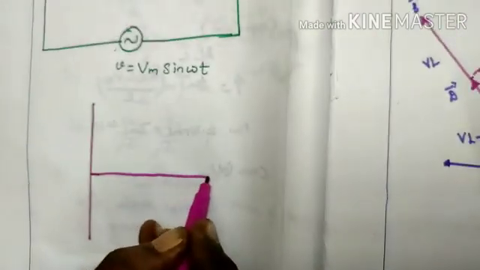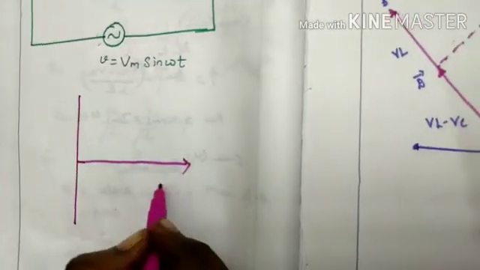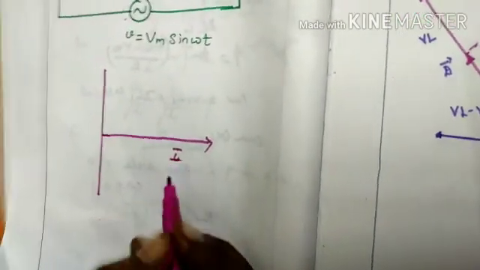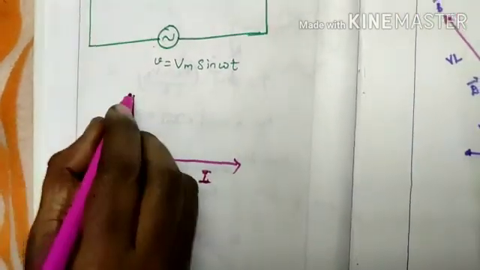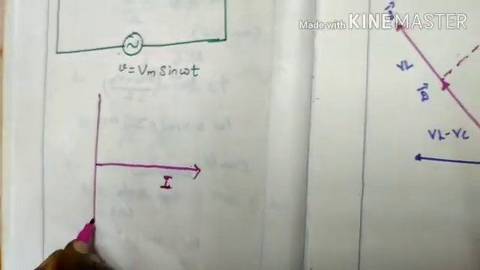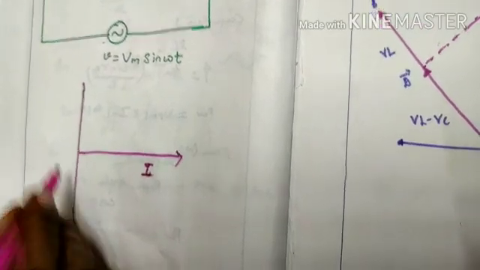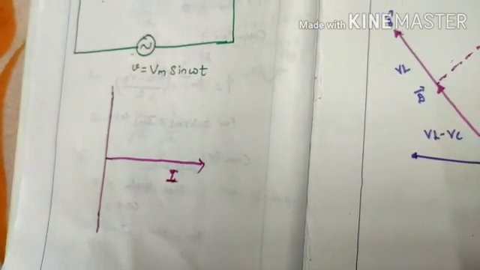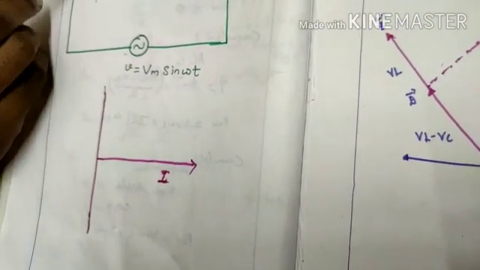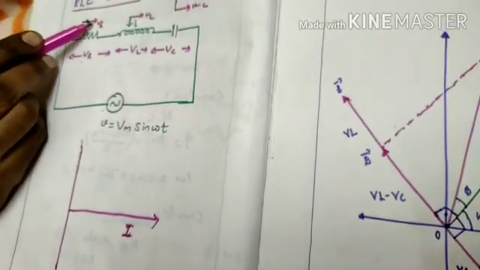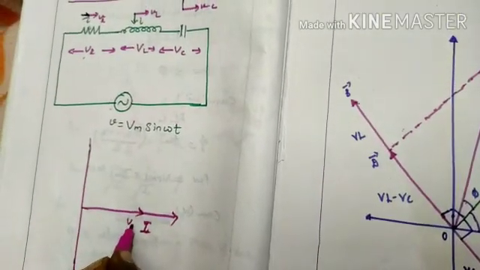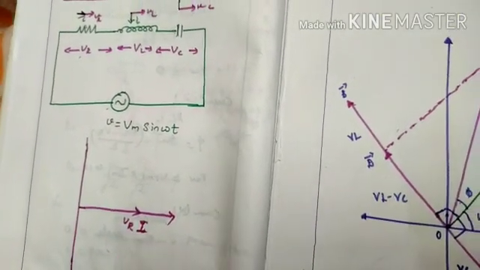In the x-axis I have taken the current I, and in the y-axis I am going to take the voltage. When the current passes through the resistor, both are in phase, so VR is in phase with the current.